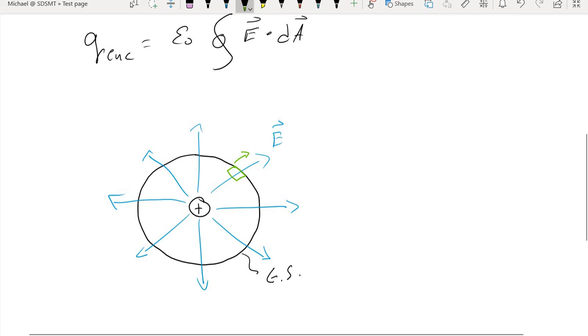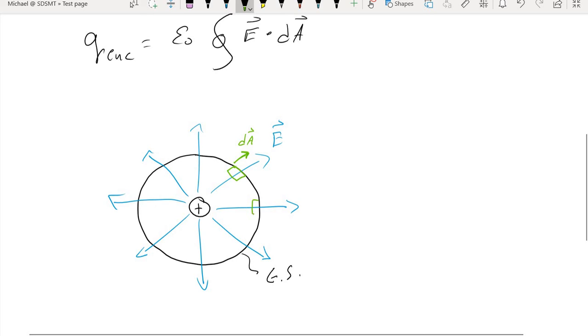So right there's an infinitesimal, kind of like a tongue twister here. There is an infinitesimal amount of surface area that electric field passes through. And so we're going to call that dA. So infinitesimal surface area.